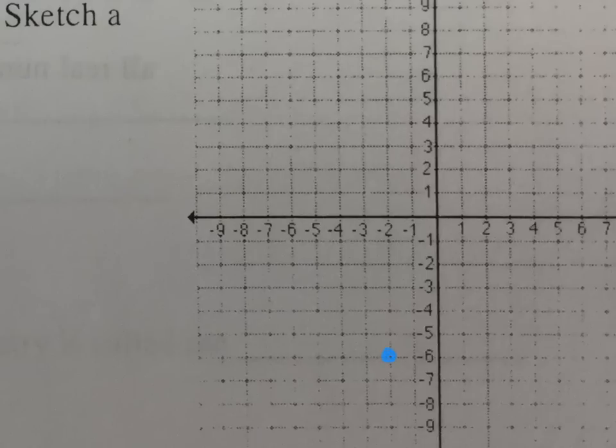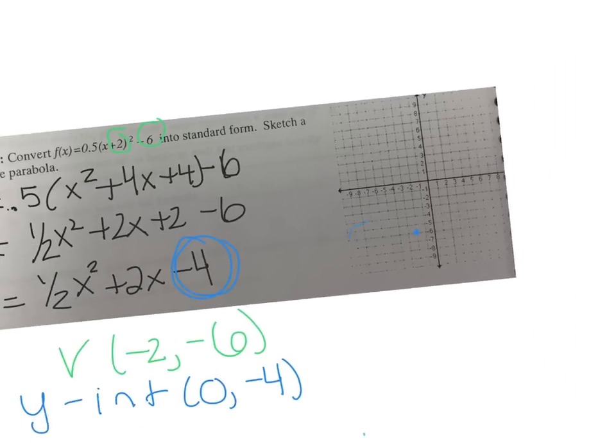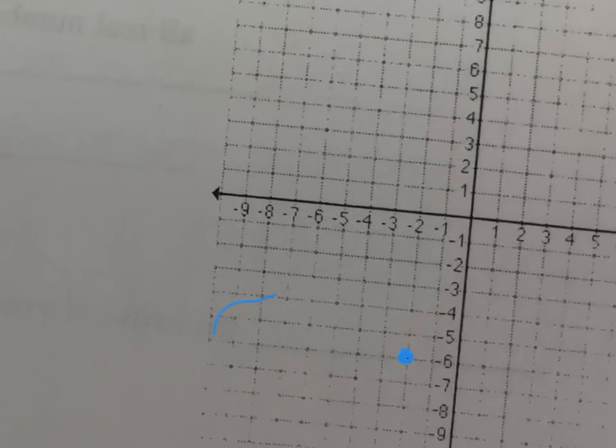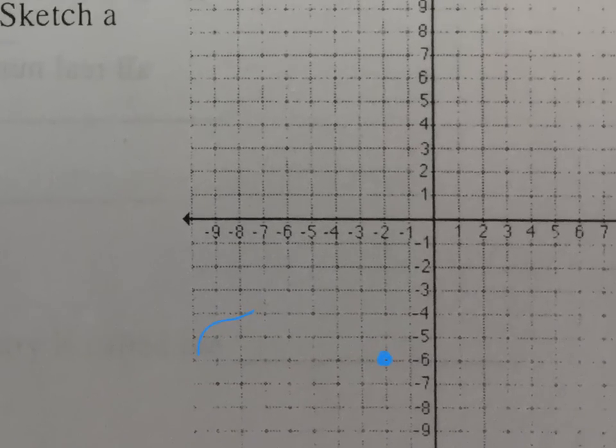And then we just talked about how, I'm going to just double check. Zoom back out. My y-intercept was 0, -4. So I'm going to go draw 0, -4. And so if we have a dot there that's 2 over, we know that we have another dot on the parabola right there that's 2 over. And without doing any more work, using what we know from two different forms, standard and vertex, there is my parabola.